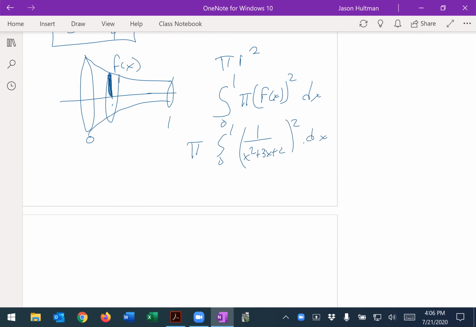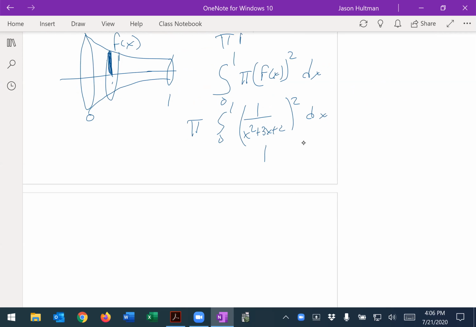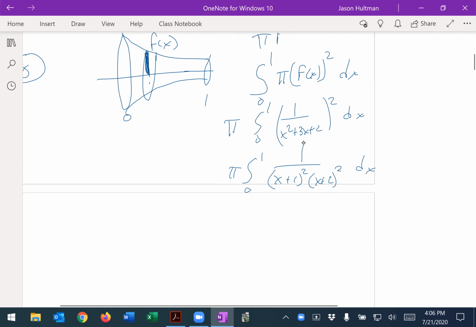Now let's factor the bottom. The bottom is going to get factored into x plus 1 times x plus 2, and that's squared. So the top is squared and the bottom is squared, dx. Now I can do my partial fraction decomposition on this.